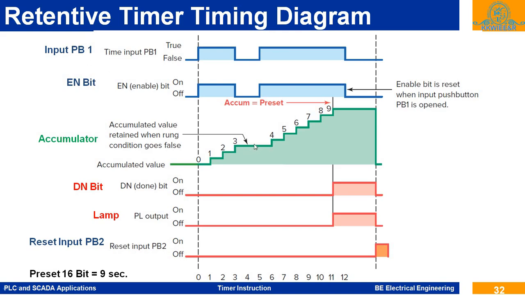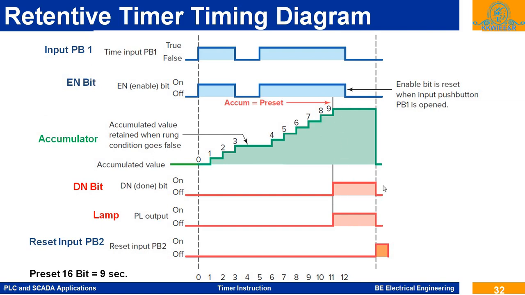Then after a few seconds we press the push button PB1. The enable bit is high with this push button, and again the accumulator starts incrementing. It will start counting from 3, 4, 5, 6, 7, 8, 9. When the accumulator value is equal to the preset value, the done bit is set.